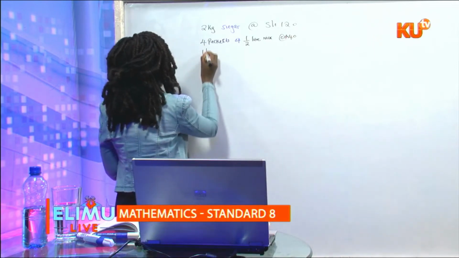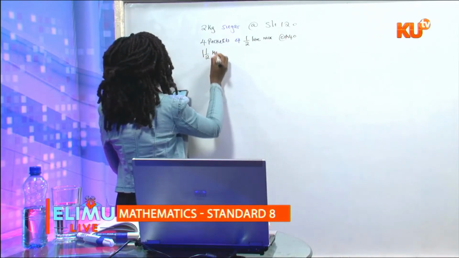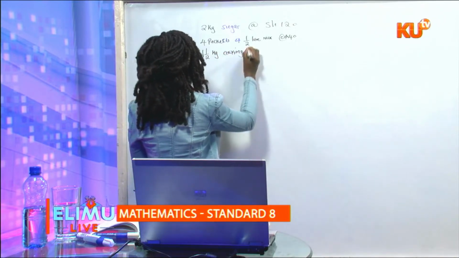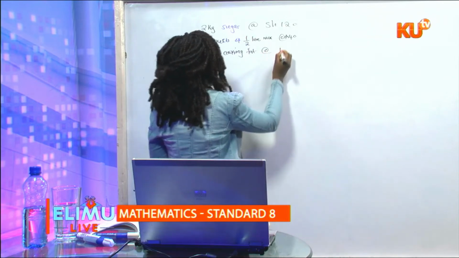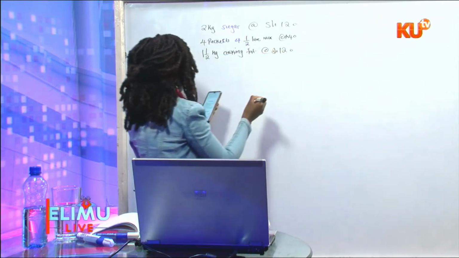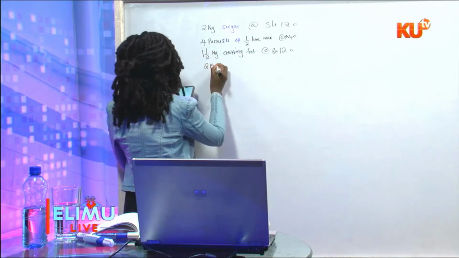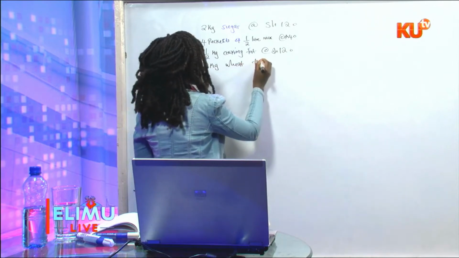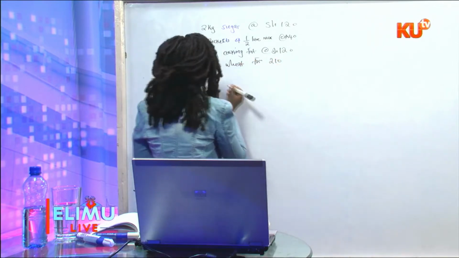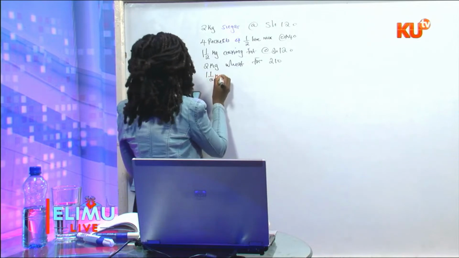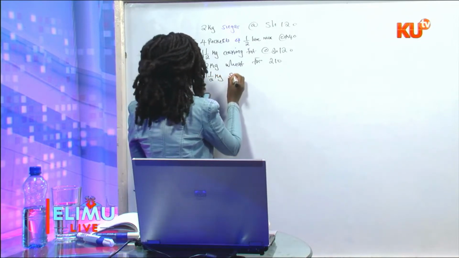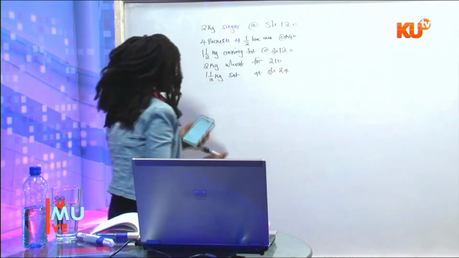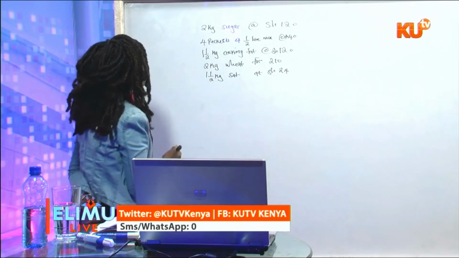And then we have 1 1/2 kgs cooking fat at 120 shillings each. 2 kgs wheat flour for 210 shillings. And we have 1 1/2 kgs salt at 24 shillings per kg. So we are preparing the bill.